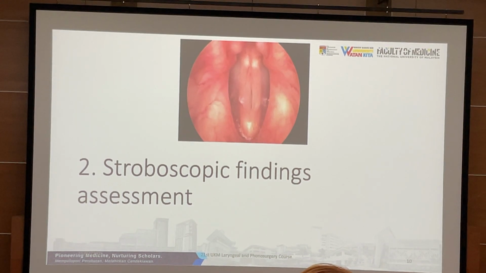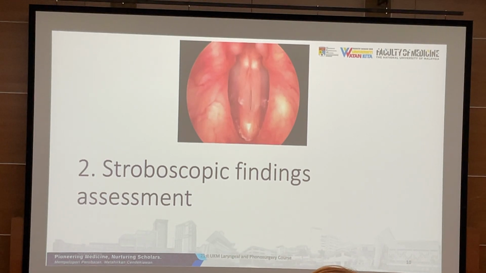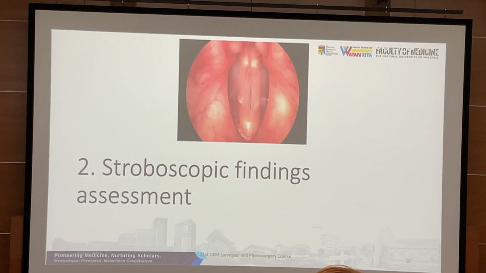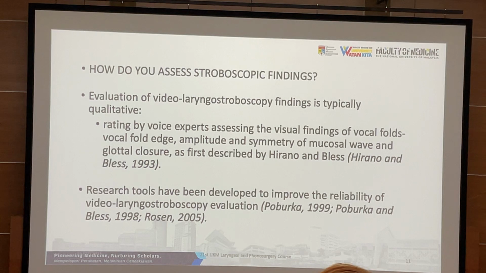Do you say good, bad, abnormally good, abnormally bad? So how do you document that? When I assess, and then the same patient is assessed by Dr. Yakubu in London, how do we communicate to assess the mucosal wave or the stroboscopic findings? So it is all very subjective, and it depends on the eye of the person who sees the mucosal wave and how many stroboscopic examinations you have done.